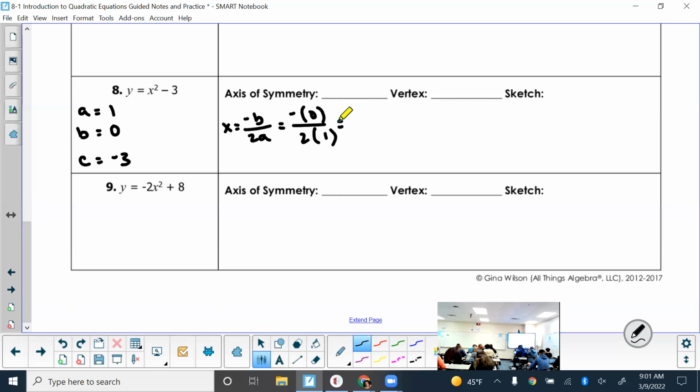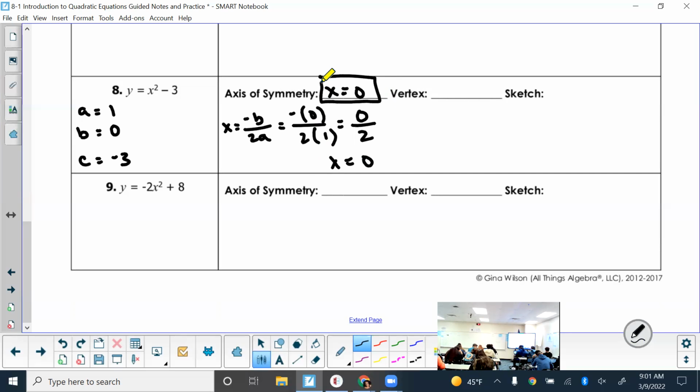Can I really have a -0? No, what's -1 times 0? And then what's 2 times 1? And then what's 0 divided by 2? 0. And if you're not sure, put it in your calculator. 0 divided by 2 is 0. All right. Questions about that process?